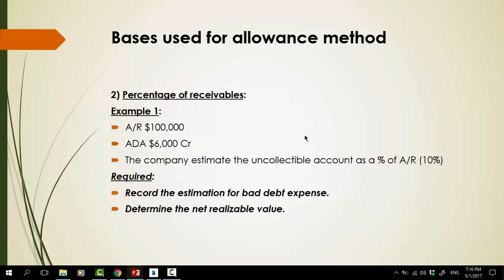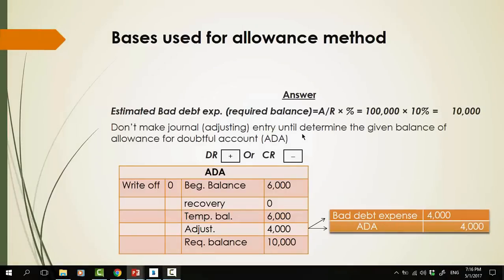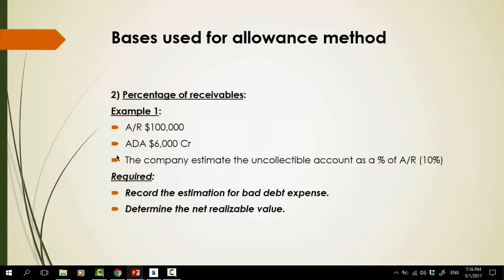For sure. The estimation that will be recorded will be 10% of the 100,000. Then the bad debt expense estimated, or the required balance, is $10,000. Don't even record the $10,000 unless you first check the balance of the ADA.